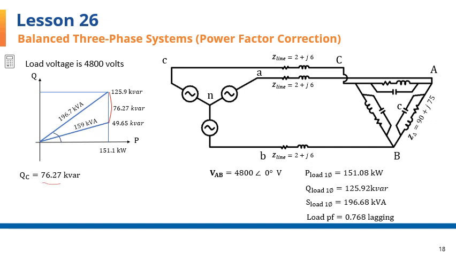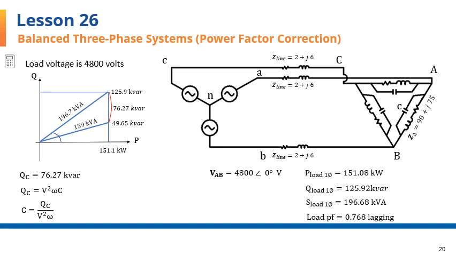Here is QC that was just found. And here's the equation that relates the reactive power of capacitors to the voltage, angular frequency, and the capacitance of the capacitor. Having all of these other quantities, we can find C from this equation. C equals QC over V squared times omega in the denominator.